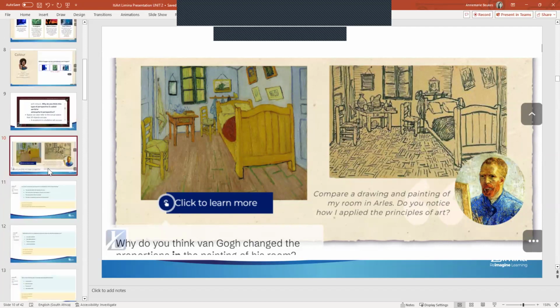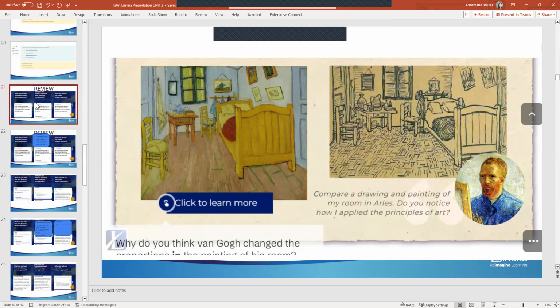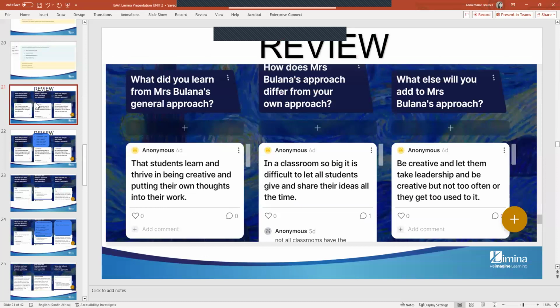Right, and I'm going to go down all the way to the reviews because I think that's probably what you guys want to talk about. If we have a look at this, the comments were quite positive. But then in the middle one, how does Mrs. Bulana's approach differ from your own approach? In a classroom so big, it is difficult to let all students give and share their ideas all the time.